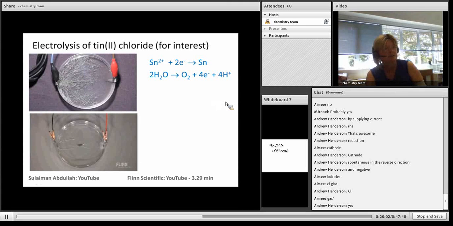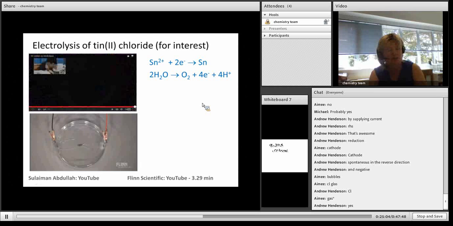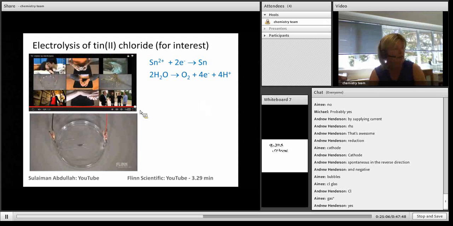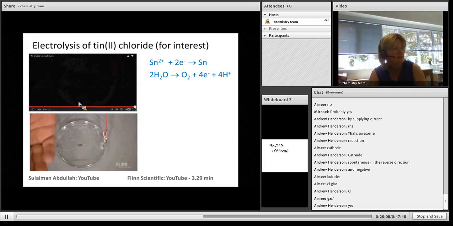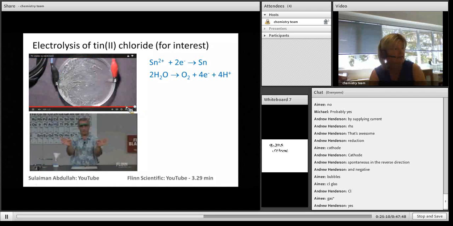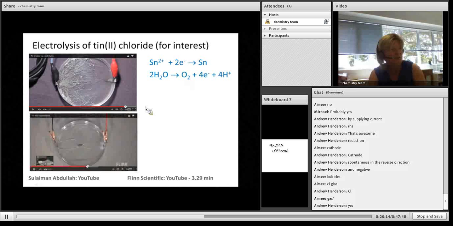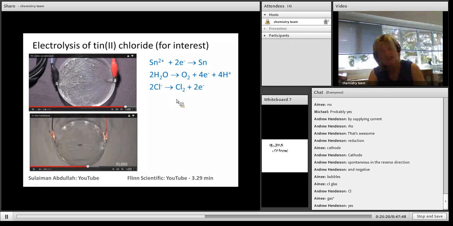And in the top case, we've actually got the water being formed. If I just go back, okay. So there's a gas coming off, and that's the oxygen gas. Whereas down here, and I'll just stop it, there's also a competing reaction. The chloride could also form chlorine.